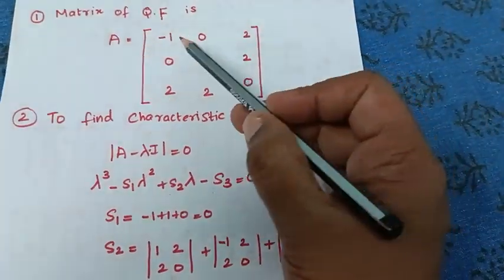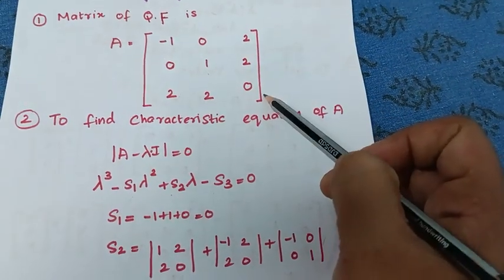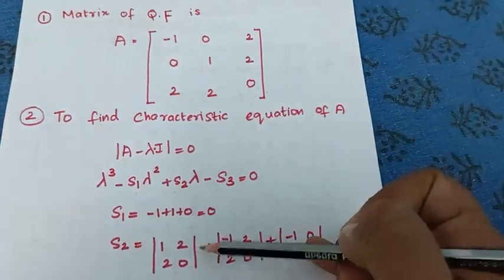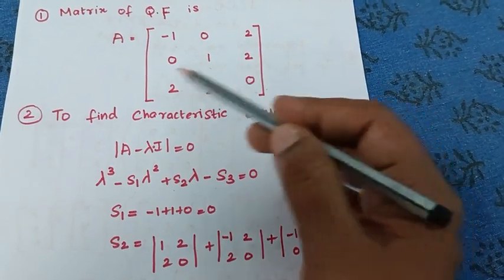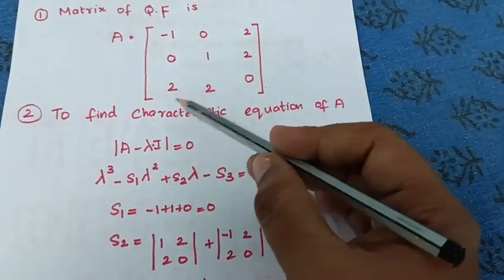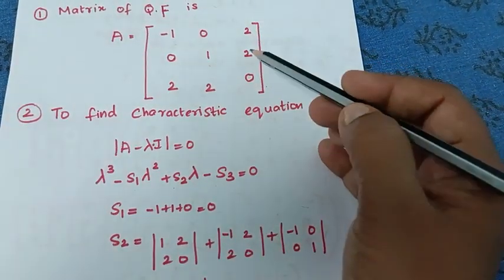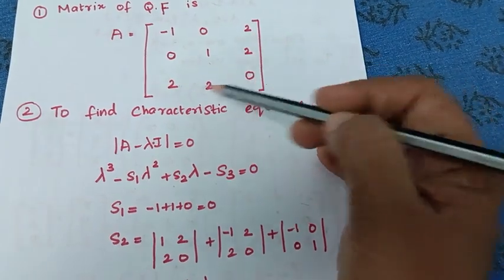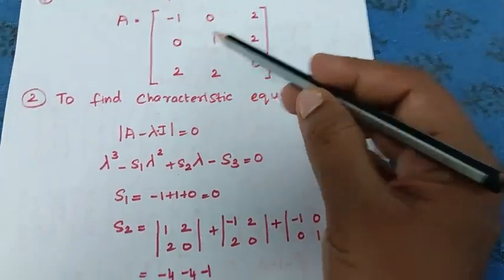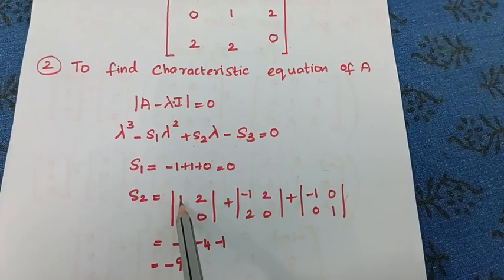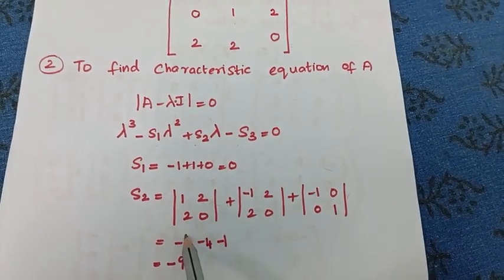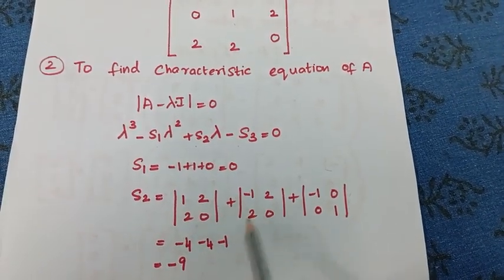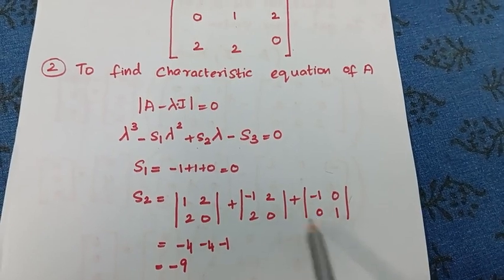For 1 the minor is minus 1, 2, 2, 0. At last for 0 the minor is minus 1, 0, 0, 1. If you multiply, 0 minus 4 and 0 minus 4, then minus 1 and 0.